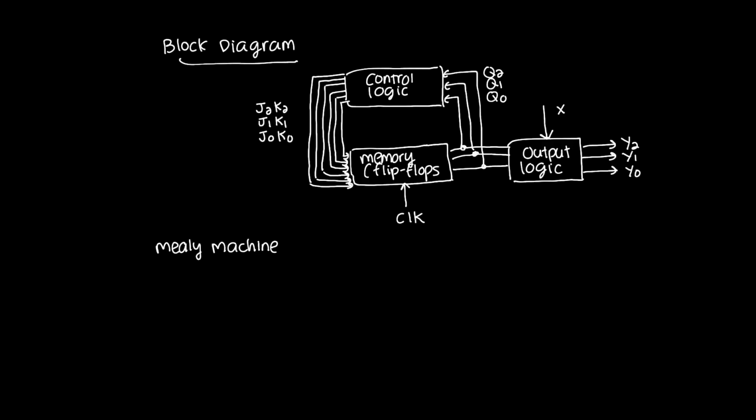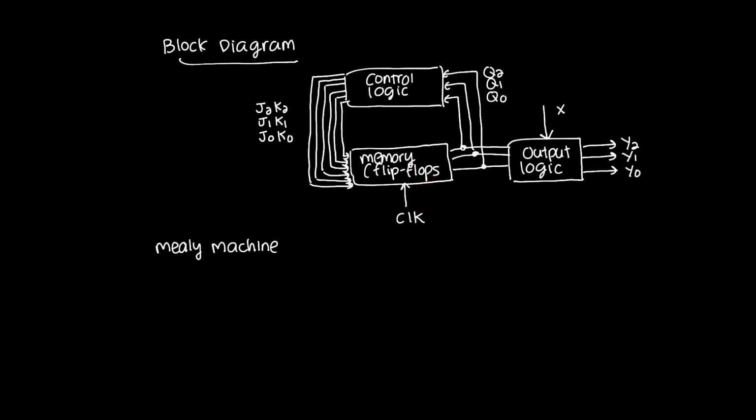because if my output logic depended solely on my present state, and I did not have this element here, the X input, I know that my present state is regulated by the clock. It's synchronized to the clock.